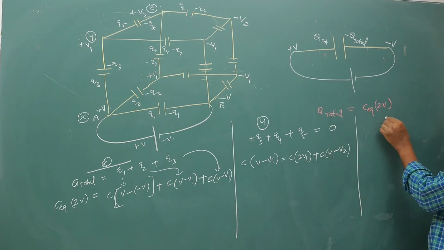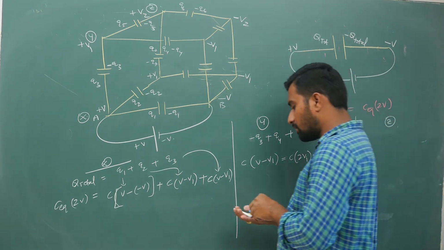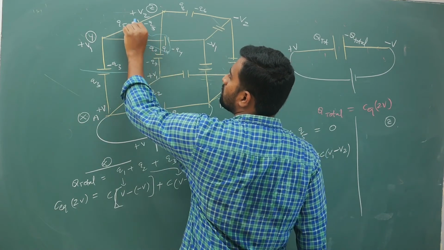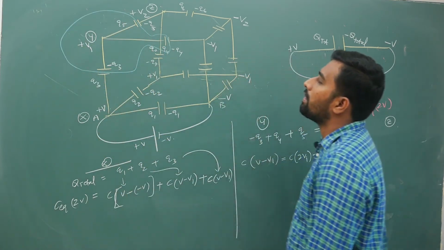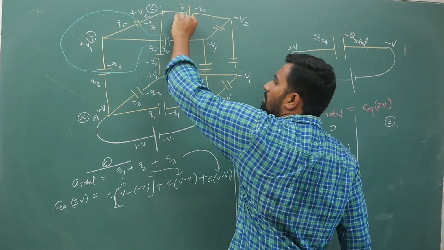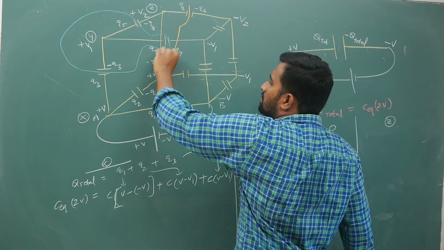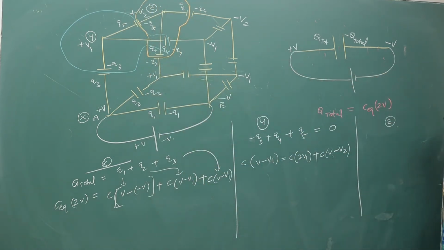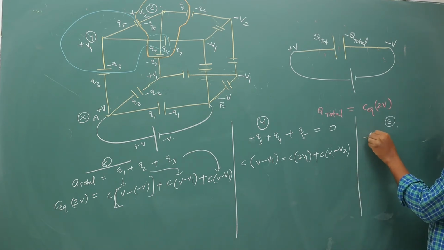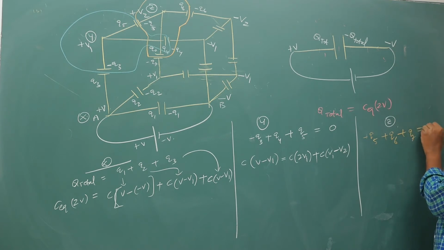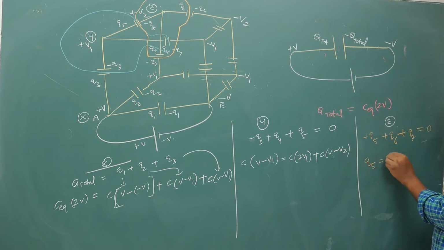Next, node Z. For node Y, the enclosed charge in this blue color loop is 0. Next I will take this orange color loop, which will have Q enclosed 0, so that will give me minus Q5 plus Q6 plus Q7 is equal to 0, so Q5 is equal to Q6 plus Q7.